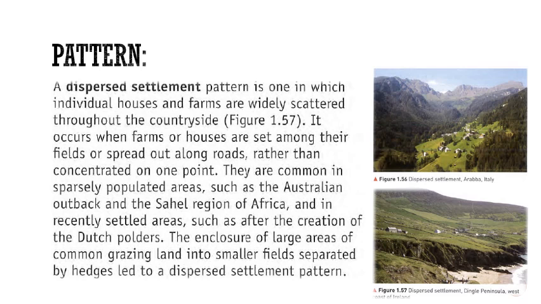They are common in sparsely populated areas such as the Australian outback and the Sahel region of Africa, and in recently settled areas such as after the creation of the Dutch polders. The enclosure of large areas of common grazing land into smaller fields separated by hedges led to a dispersed settlement pattern.